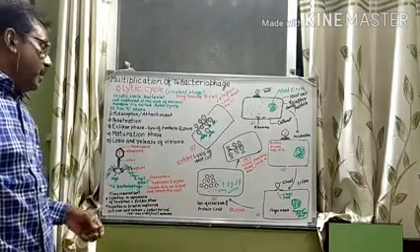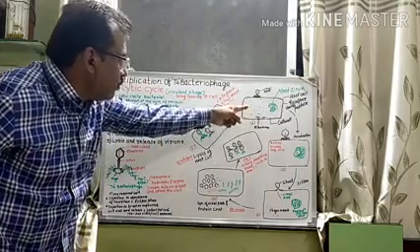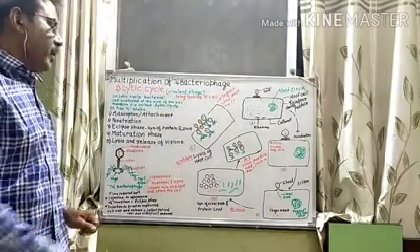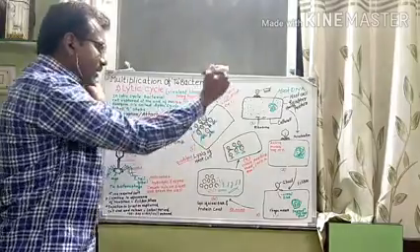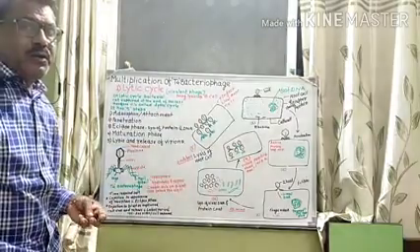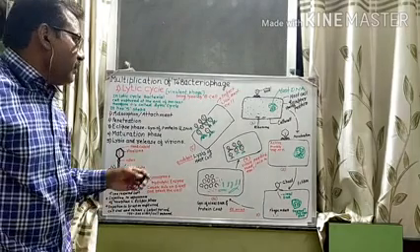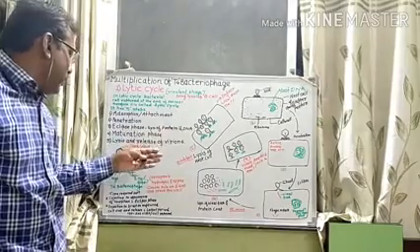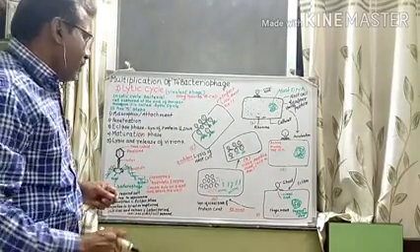And from the injection of viral DNA into the bacterial cell to the bursting or lysis of the bacterial cell is called the latent period. Do you understand this? Latent period. So in this way the process is completed.